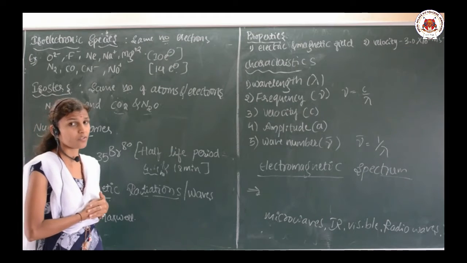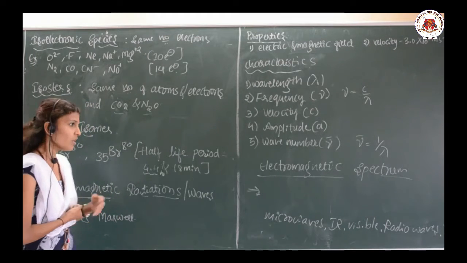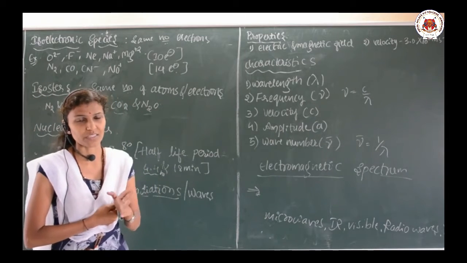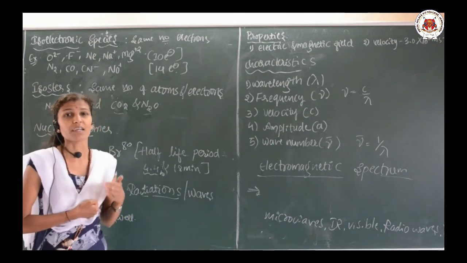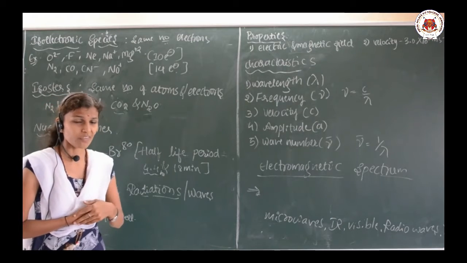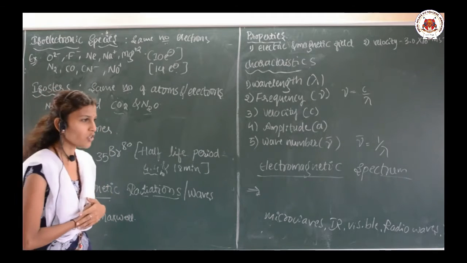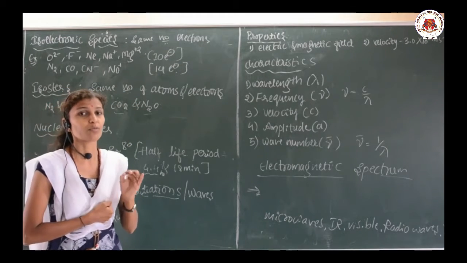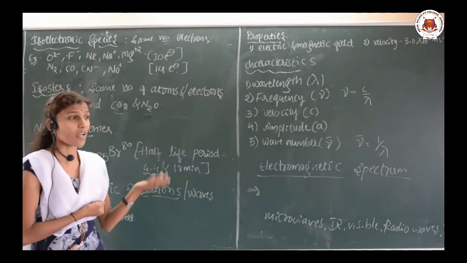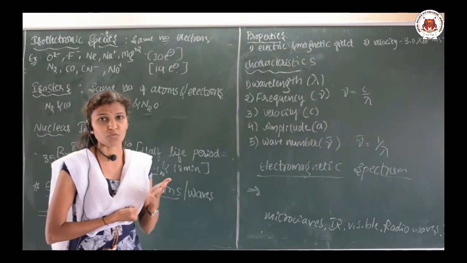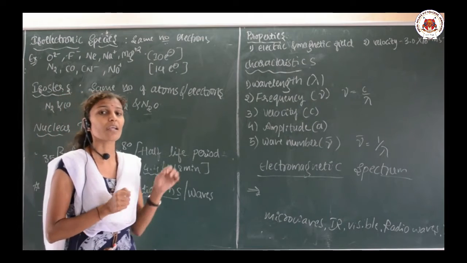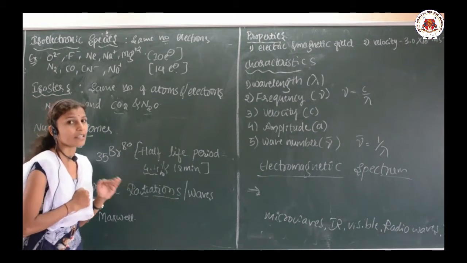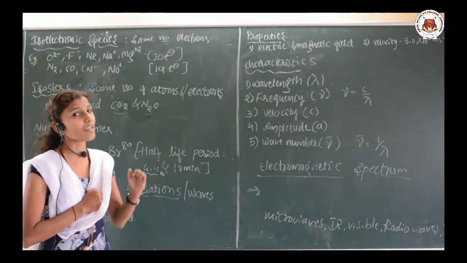James Maxwell was the scientist who proposed that light and other forms of radiation propagate in space in the form of waves, associated with electric and magnetic fields. Such radiations are called electromagnetic radiations or electromagnetic waves.